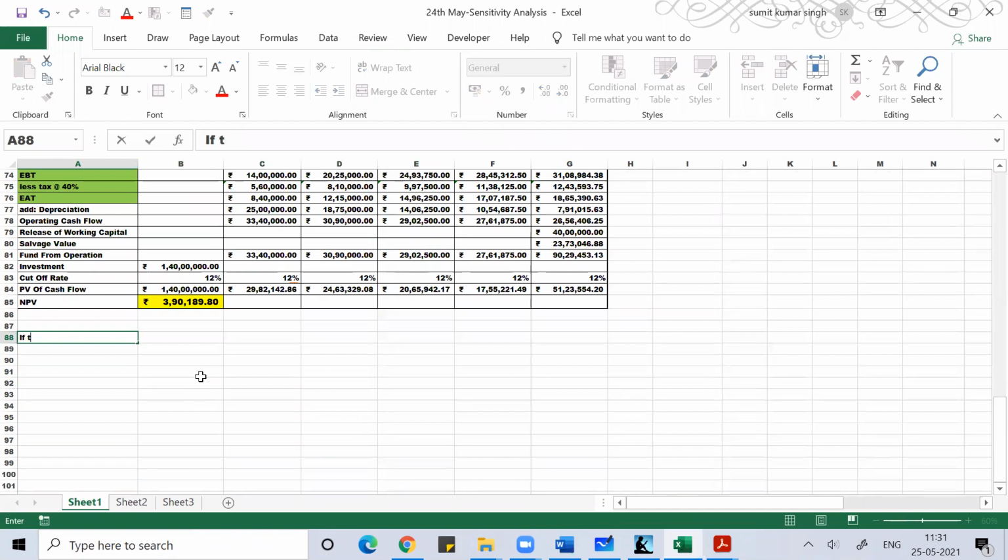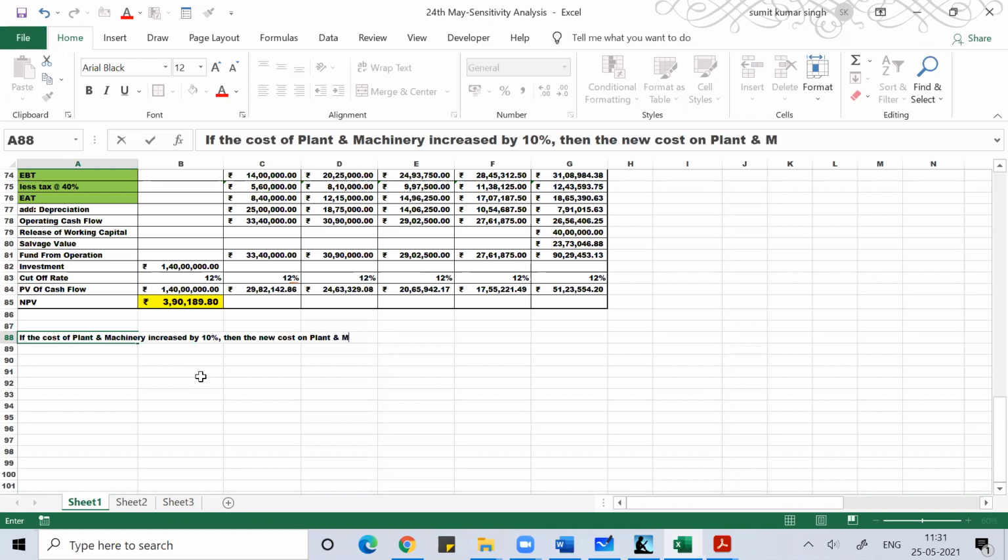If the cost of plant and machinery increased by 10%, then the new cost of plant and machinery will be how much?